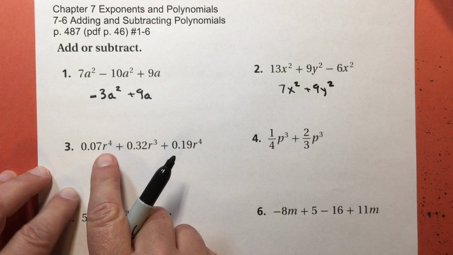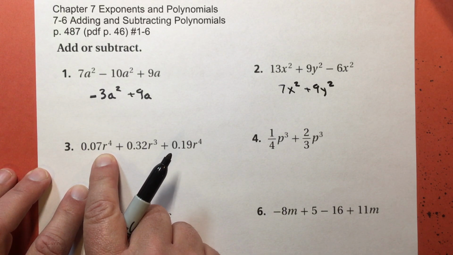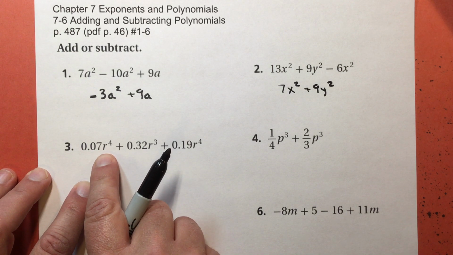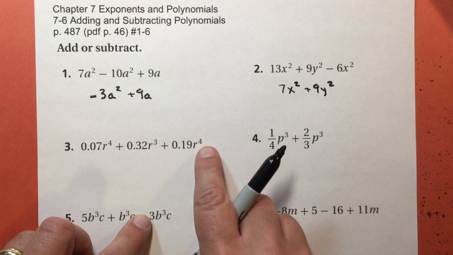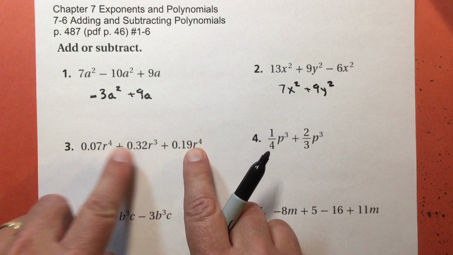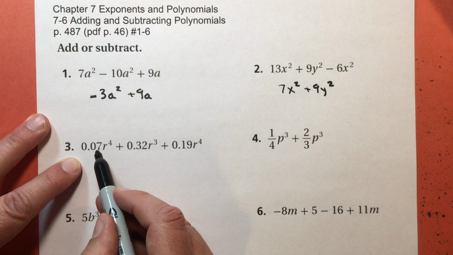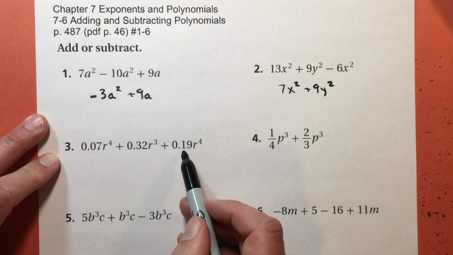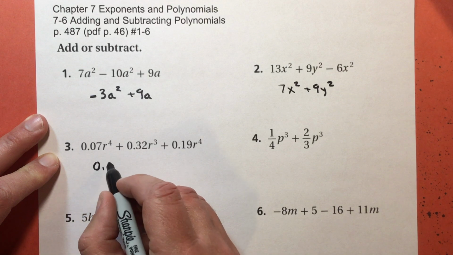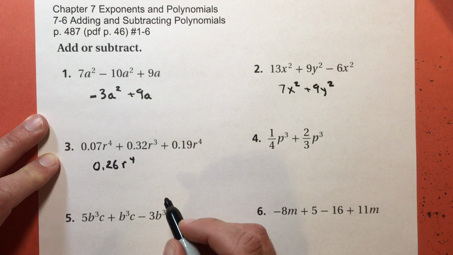For problem number 3, I've got r to the 4th power, and again, it's hard to talk about the geometry of something higher than a cube, but we've got r to the 4th power, r to the 3rd power. These are not the same. I have r to the 4th power. These are not the same, but these two are. So 0.07, which makes me think of James Bond, but 0.07 plus 0.19 is going to be 0.26 r to the 4th power.